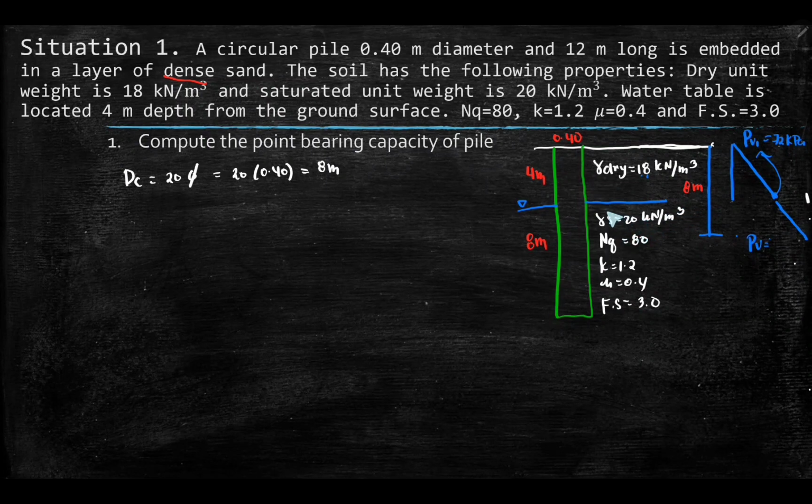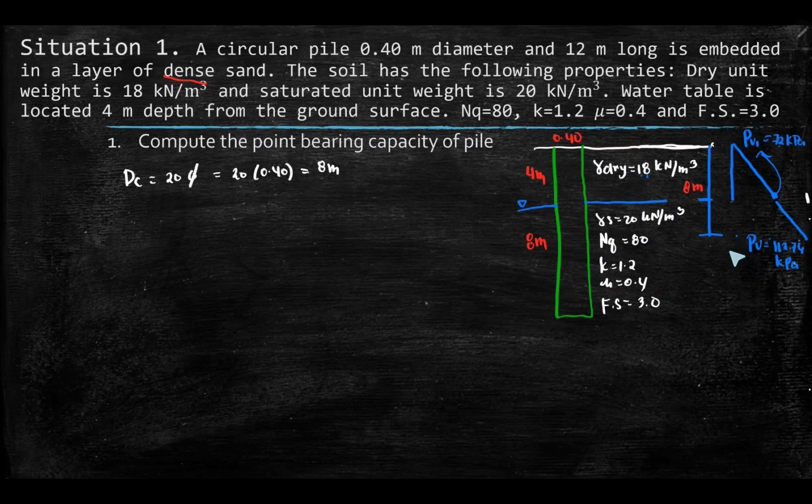Okay, it is saturated, so we will use the effective. So 20 minus 9.81 times whatever is left here. Since this is 4, this is also 4. So 20 minus 9.81 times 4. So our answer there is 112.76 kilopascal.